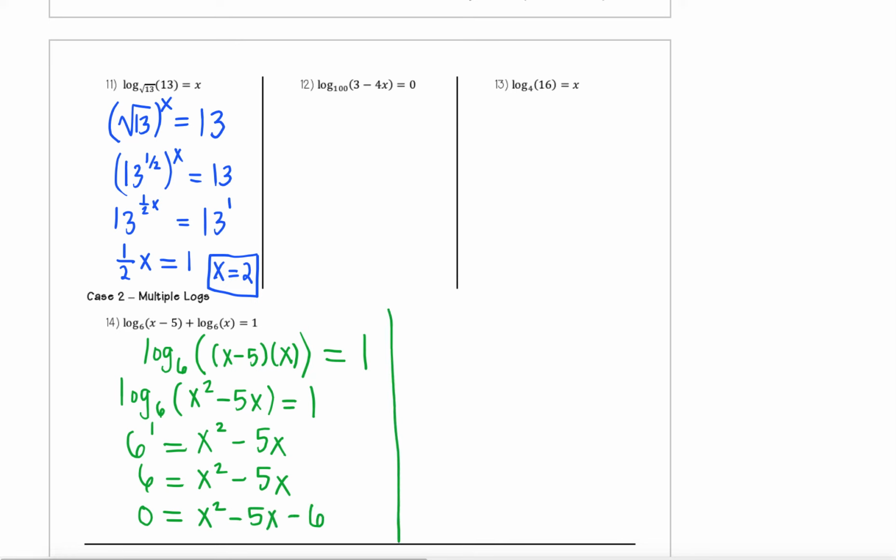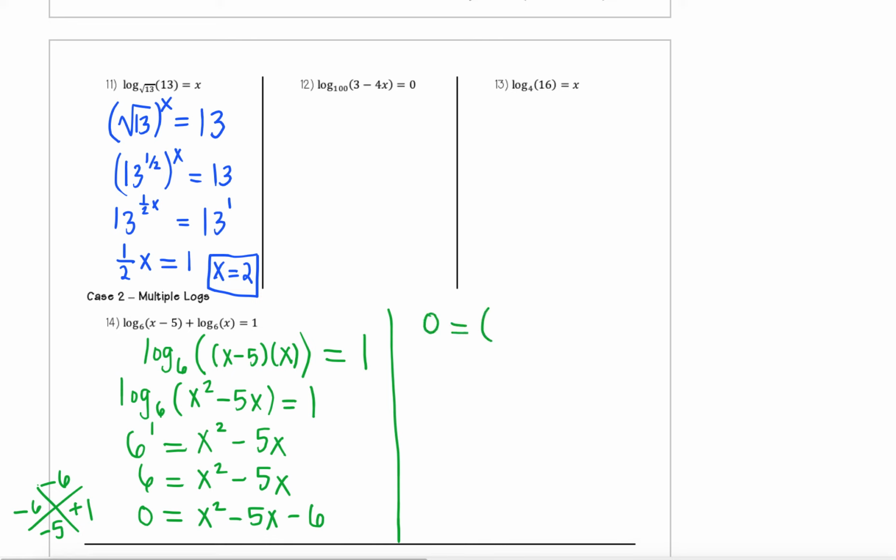What do you guys think? Can we factor that quadratic equation? So yes, we can. We're looking for two numbers that multiply to be -6 and add up to be -5. -6 and +1 will work because -6 times 1 will give me -6 and -6 plus 1 will give us -5.